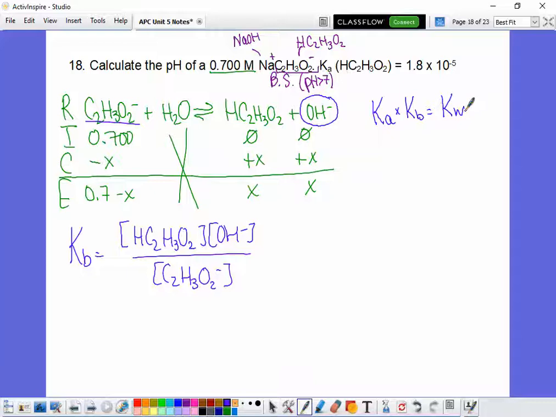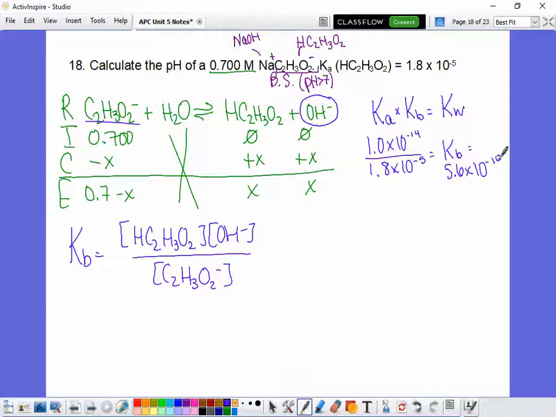All right, so I gave you the Ka of acetic acid, which is what you would find in a reference table. You need to calculate Kb of the acetate ion. So we're going to take 1.0 times 10 to the negative 14 and divide it by 1.8 times 10 to the negative 5. And that will give me my Kb, which is what? 5.6 times 10 to the negative 10.